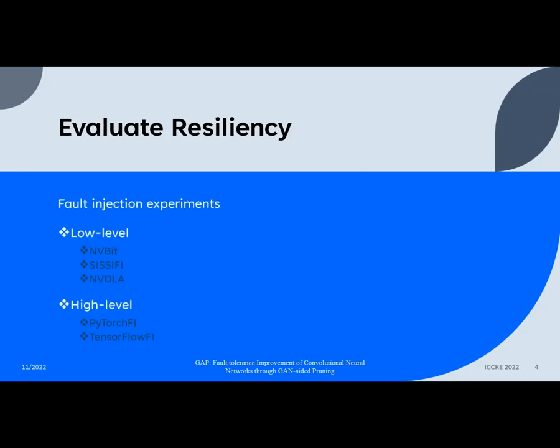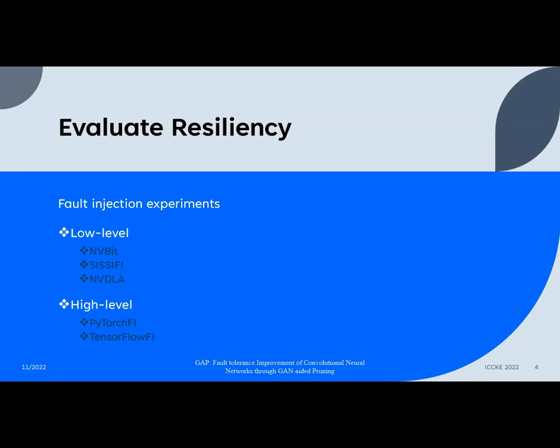To evaluate the resiliency of our neural network, we conduct fault injection experiments, but low-level hardware libraries for FPGAs or GPUs are not considered in our studies. Instead, we use high-level application ones such as PyTorchFI and TensorFI that are specifically designed for neural network researchers.